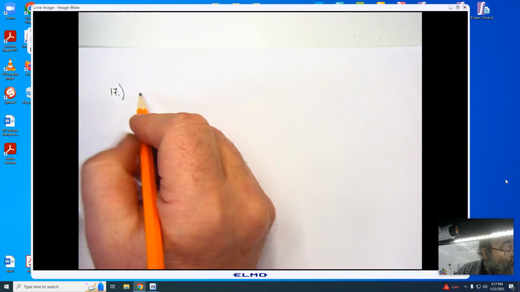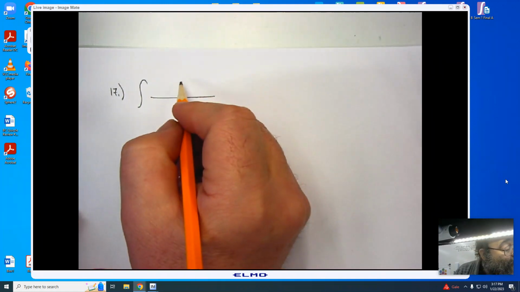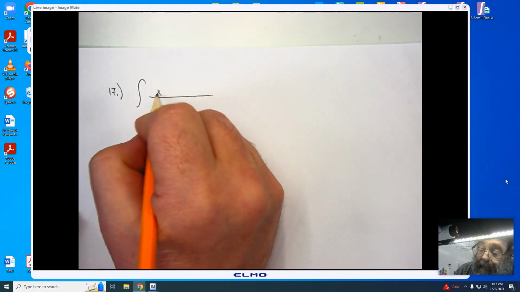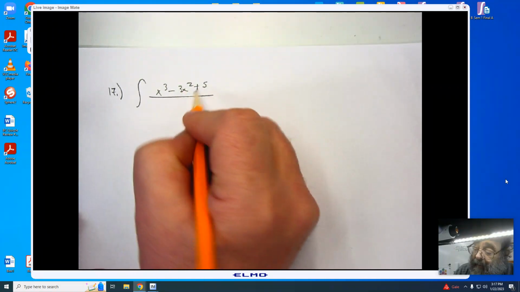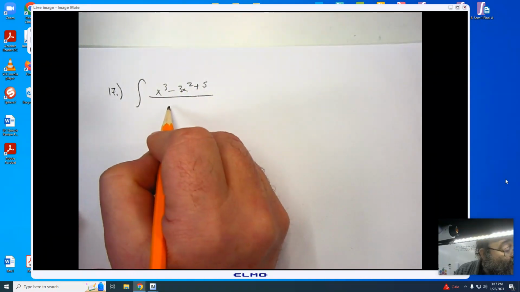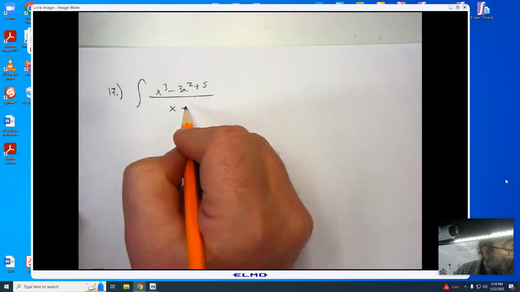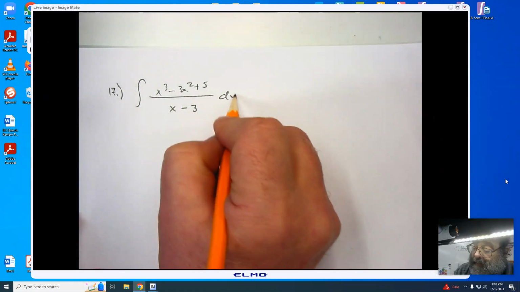Number 17, we're looking at the integration: x cubed minus 3x squared plus 5 over x minus 3 dx.